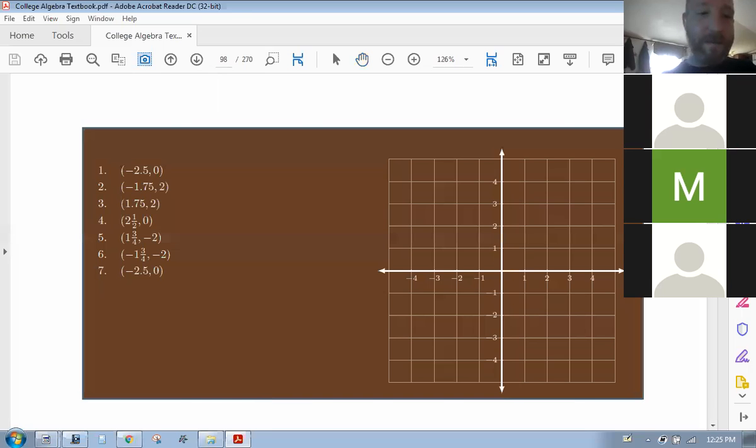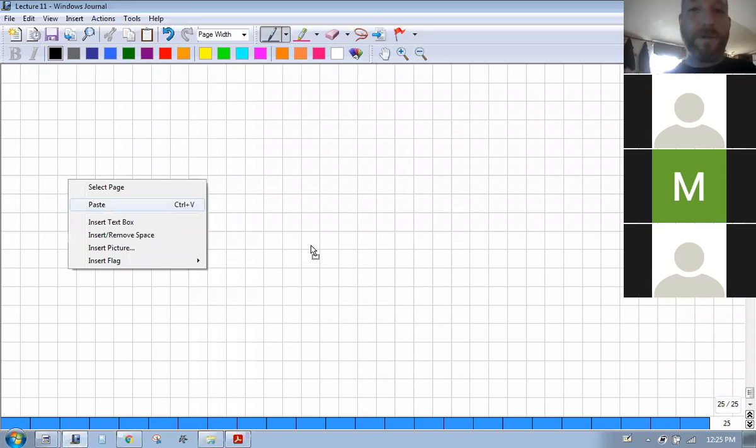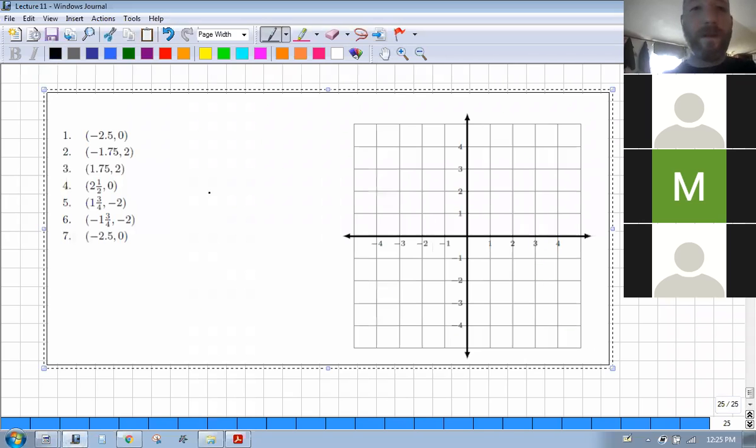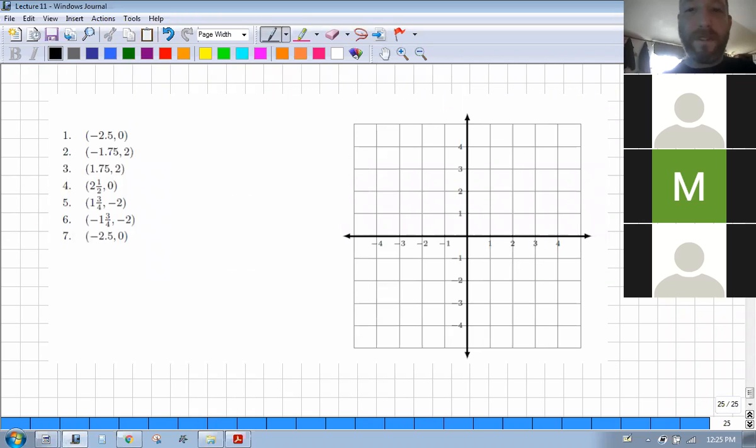Let's do this again. Now they're going to throw in some decimals. Okay, no problem. (-2.5, 0), (-1.75, 2), (1.75, 2), (2.5, 0), (1 3/4, -2), (-1 3/4, -2), (-2.5, 0).